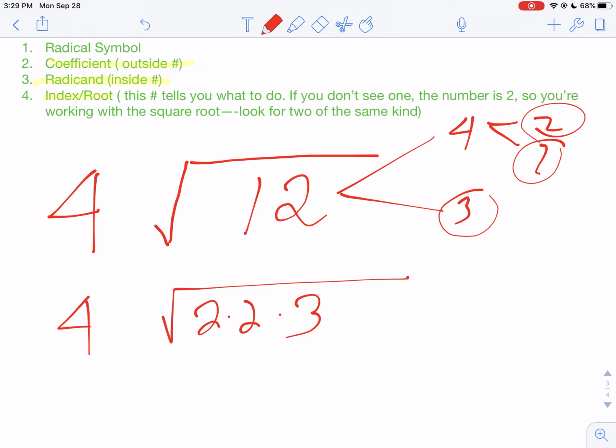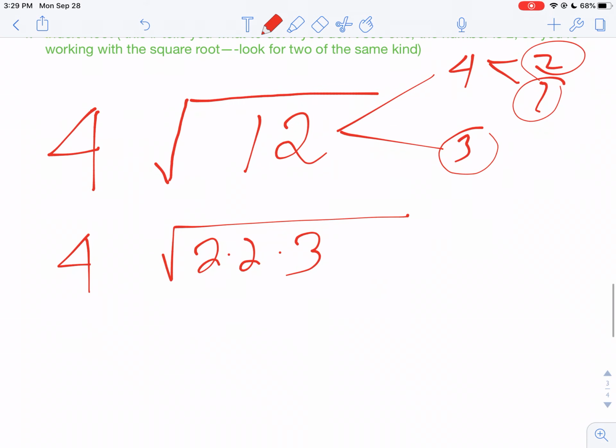The benefit of rewriting 12 as the prime factorization of 2 times 2 times 3 is that now you can actually simplify the expression for radical 12, which is really 2 radical 3. So how do we get that?